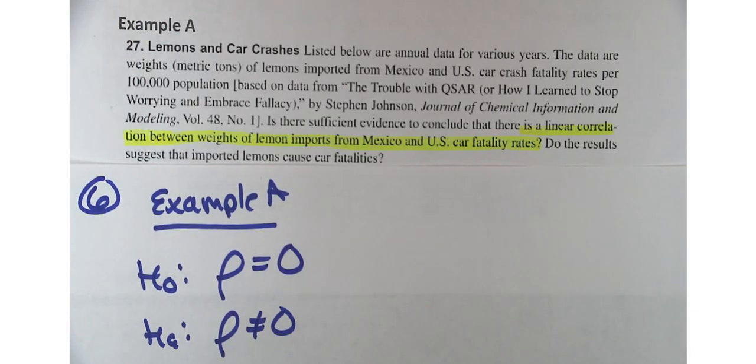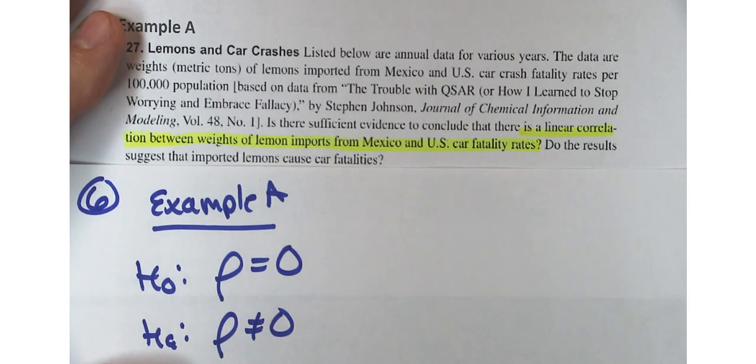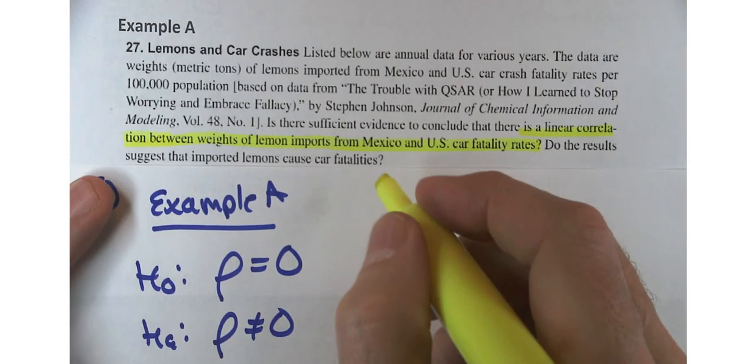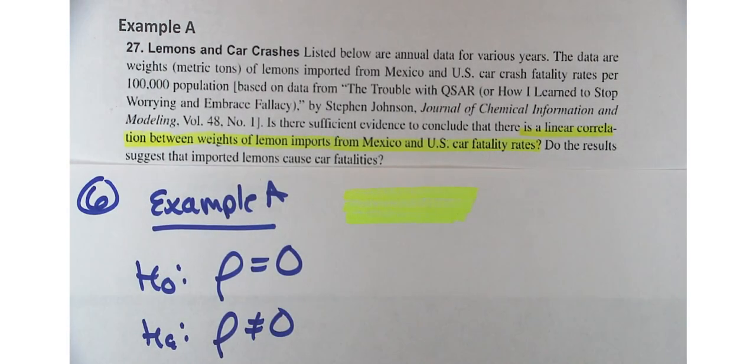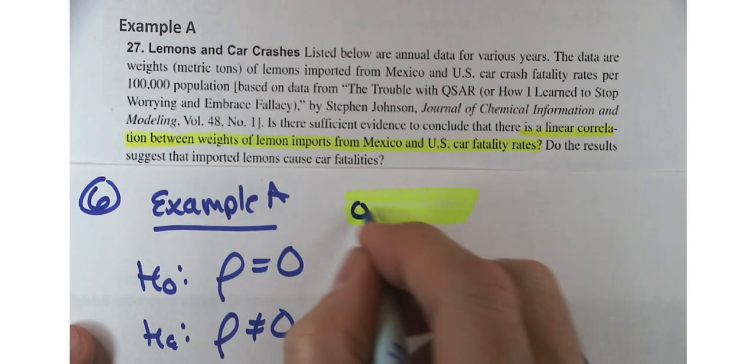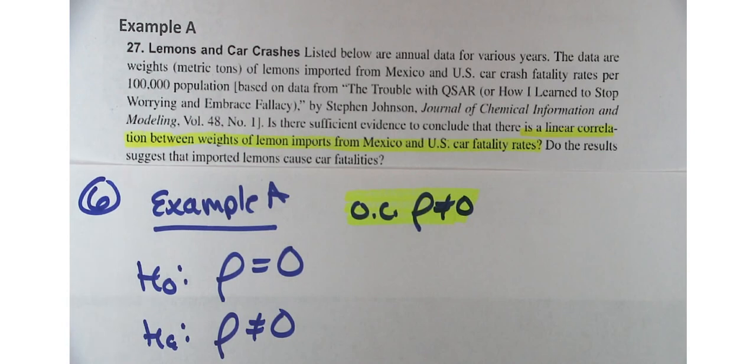All right. And kind of looking at this of two minds. Testing whether or not there is a linear correlation, to me, suggests that our original claim would be that rho is not equal to 0. That's what I'm seeing at this.